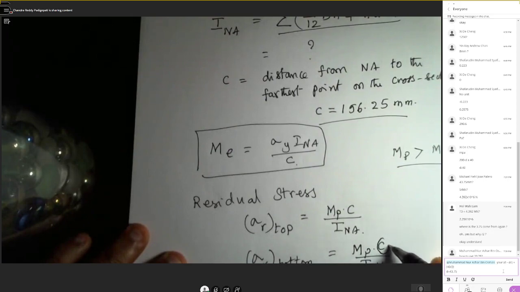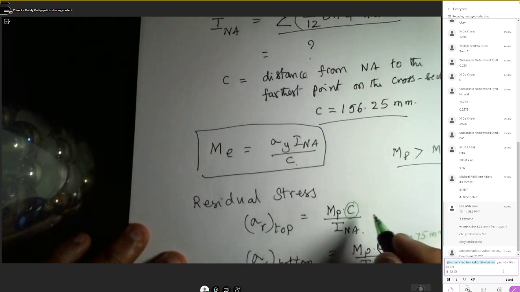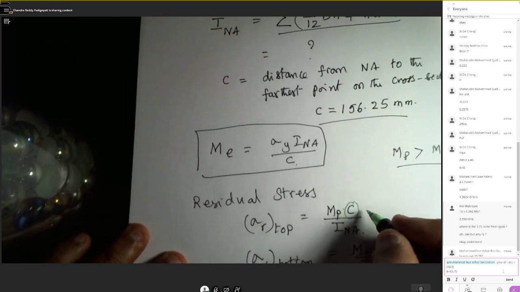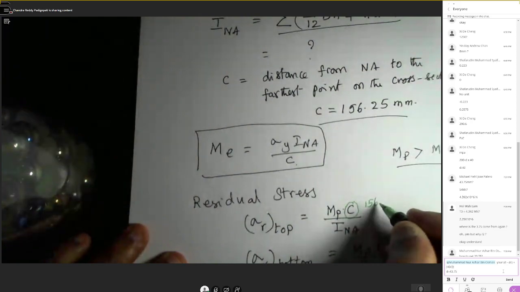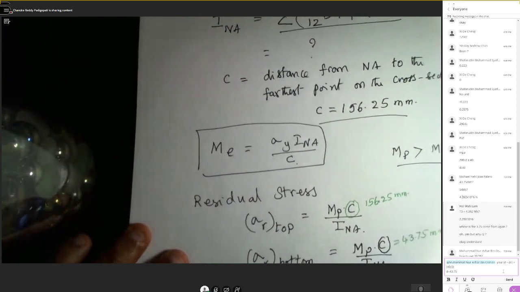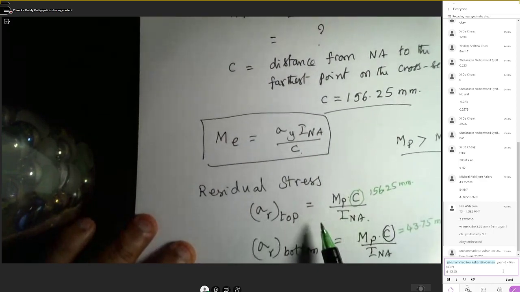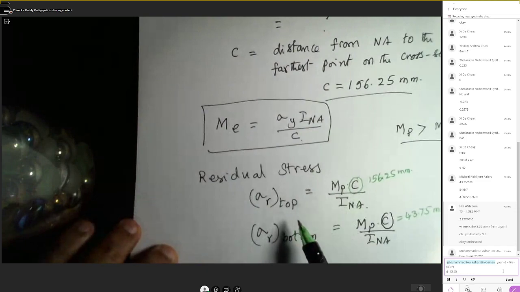When calculating the residual stress at the bottom, the C value will be 43.75 mm. When calculating for the top with respect to the neutral axis, the value will be 156.25 mm. So you will be able to calculate the residual stress at the top and bottom.